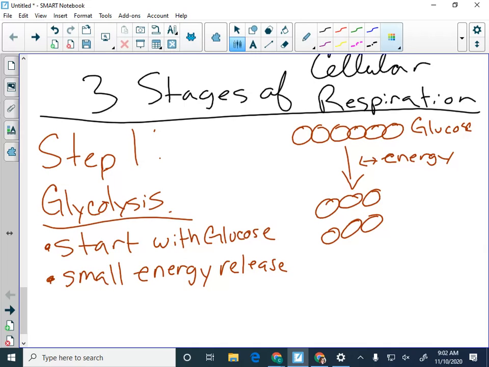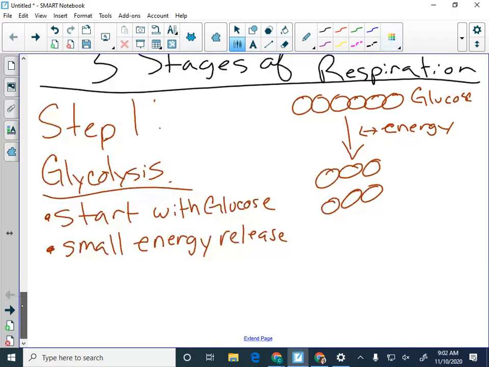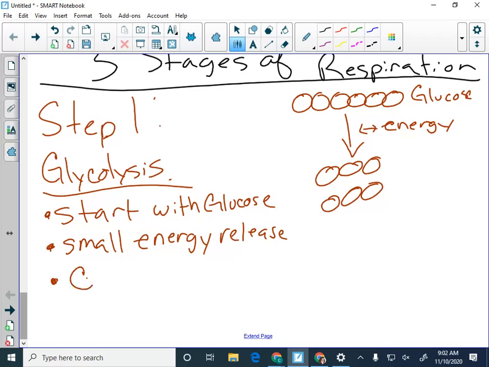This happens in the cytosol. So when we talked about our cells, this will happen just out in the middle of a cell. If glucose enters the cell, we have the enzymes to break it down into 2. So when we need it, we're going to break it down. That's step 1.